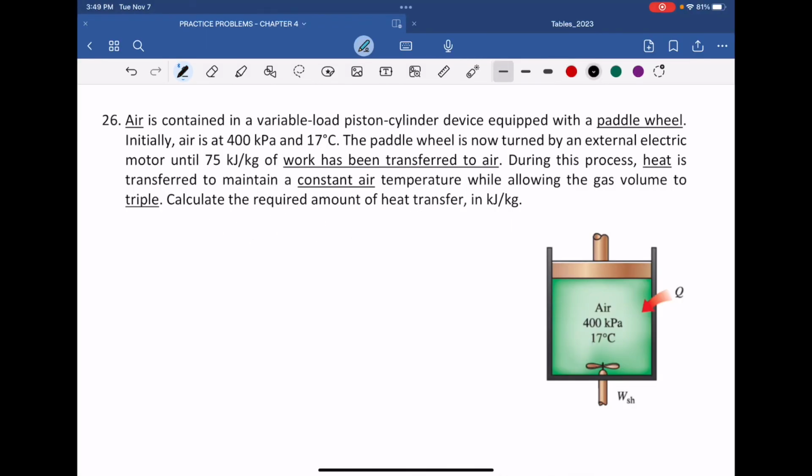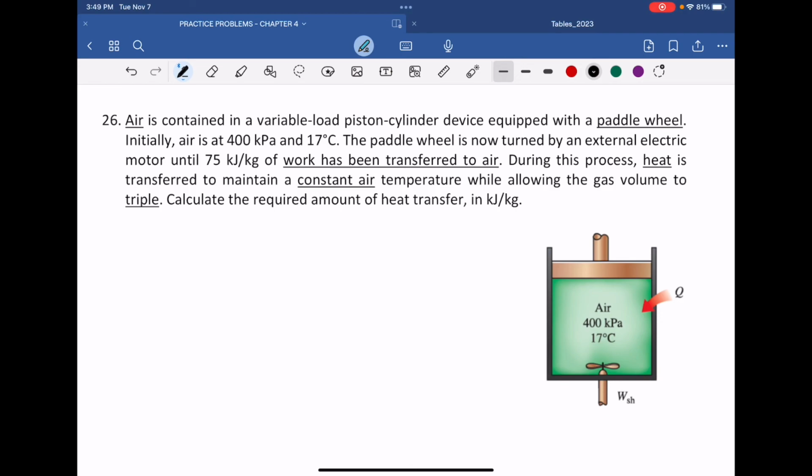In this question, again, we have air, and there is a piston cylinder device which has a paddle wheel. Initially, it is at 400 kilopascals and 17 degrees Celsius. The paddle wheel is turned on by an electric motor until 75 kilojoules per kilogram of work has been transferred to the air.